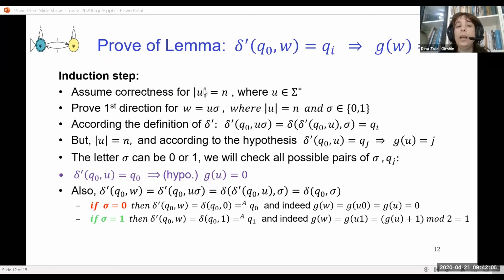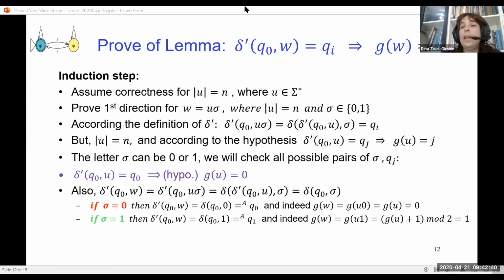And I would like to assume that my lemma, or my induction, is correct for all words up to length n, including this word U with length n.